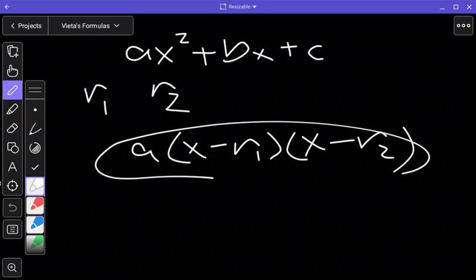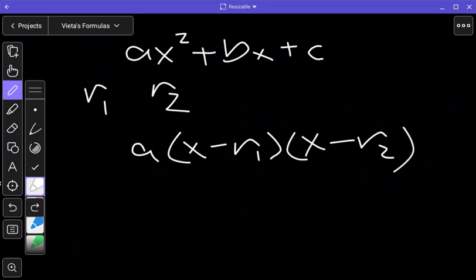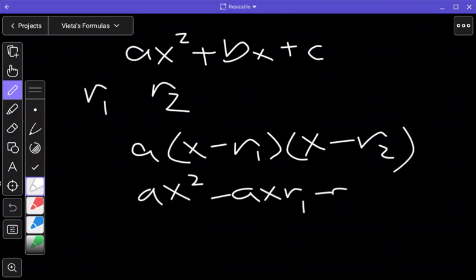And so if we expand this, we should also get an equivalent expression. Expanding the factored form gives you ax squared minus ax r1 minus ax r2 plus a r1 r2.